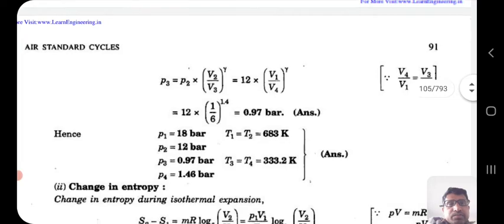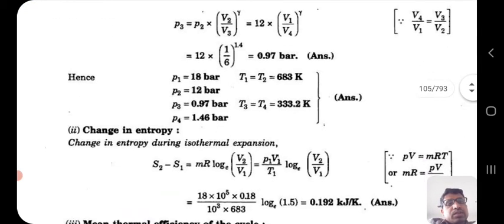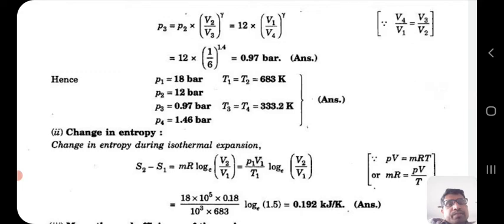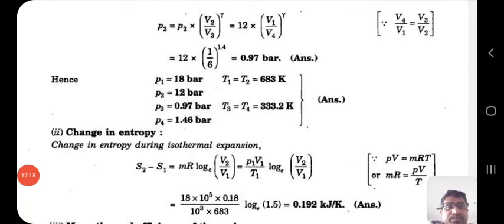So P3 is equal to P2 (V2 by V3) whole to the power gamma, is equal to 12 into (V1 by V4) whole to the power gamma, so 12 into 1 by 6 whole to the power 1.4, 0.97 bar. Therefore P1 is equal to 18 bar, P2 is equal to 12 bar, P3 is equal to 0.97 bar, and P4 is equal to 1.46 bar. So T1 is equal to T2, and T3 is equal to T4.